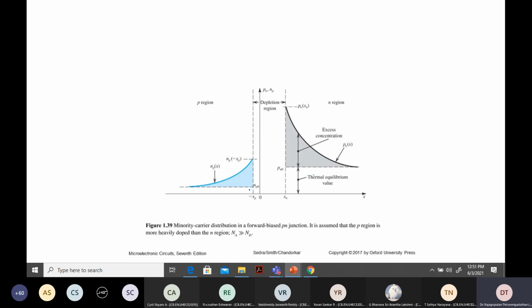Np naught is the electron minority in the P side. Pn naught is the minority holes on the N side. At x equal to x1 this was the concentration, but as the recombination is happening, the concentration decreases exponentially. So there is an exponential decay. That's what is written.